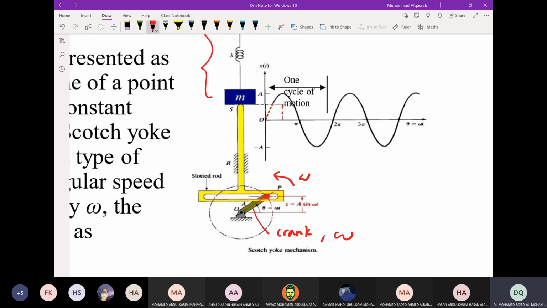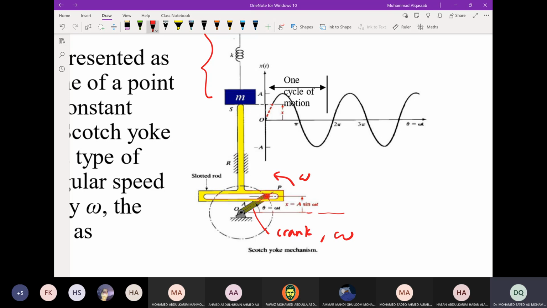Since omega is constant, the crank is rotating with constant angular speed, so the angle made by the crank with the horizontal line is theta equal to omega t. You know this from dynamics, kinematics.